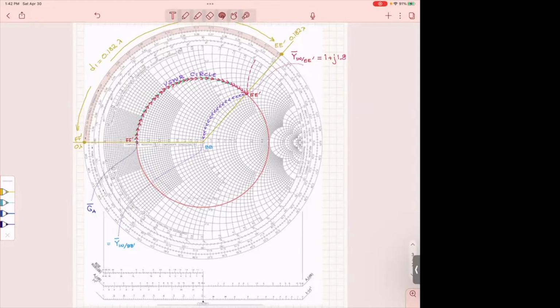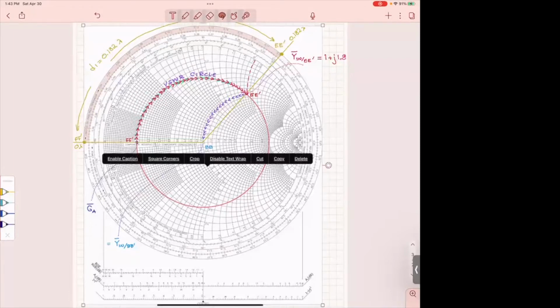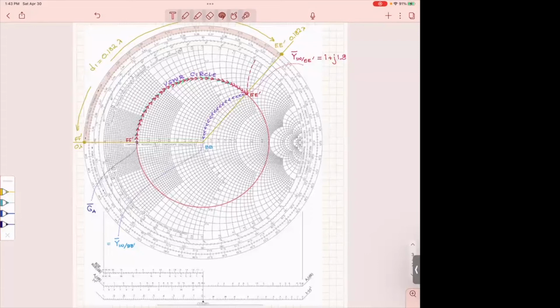And then you know that you have to move towards the generator. This is the direction, clockwise.